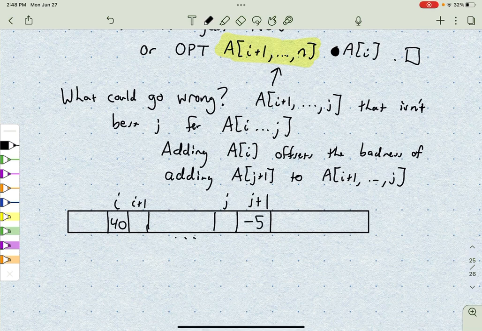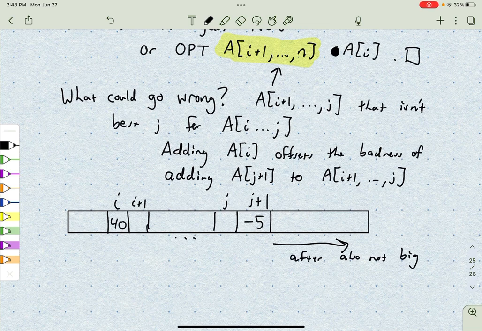So this is some negative number, and so it doesn't benefit the recursion fairy to include it. And not only that, but everything that comes after also isn't that big. Because if it was big enough, then the recursion fairy would have justified including j plus 1. So there's no point in going beyond j.